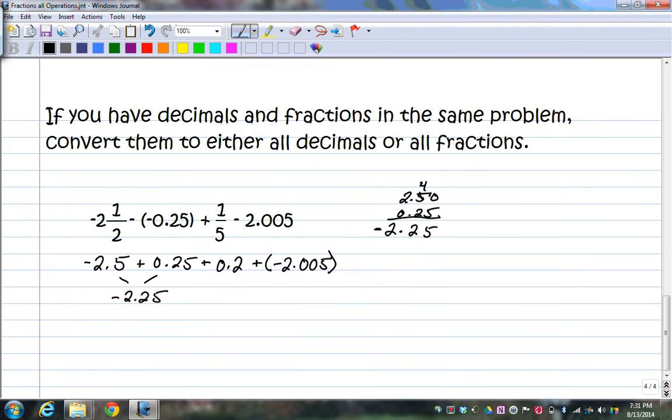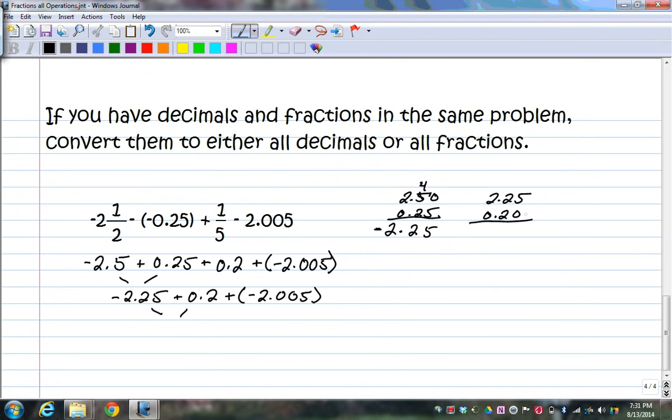Then what I'm going to do is just write the rest of the problem. The reason I'm doing this is so that way I don't lose track of what I've done and what I have not done. 0.05. Now what I'm going to do is combine the next two. So I have 2.25 up on top, and I have a 0.2 on the bottom. Fill in the blank with zeros.